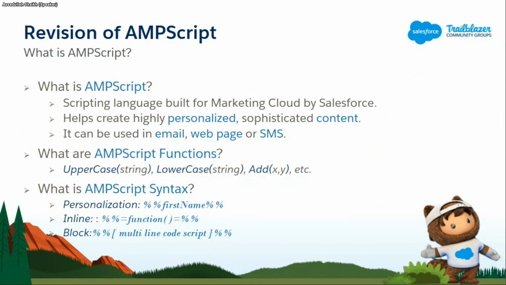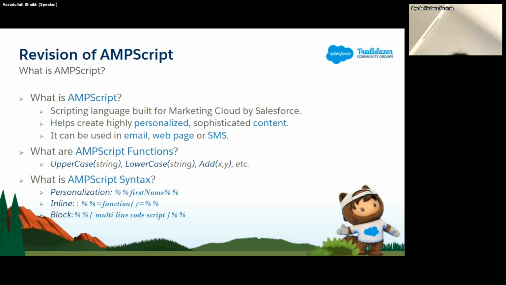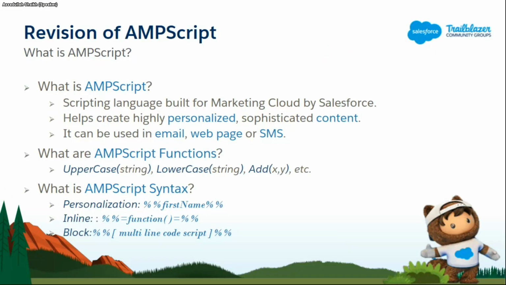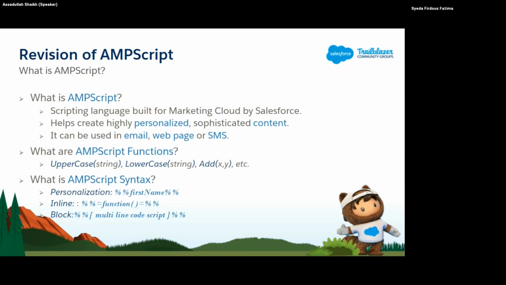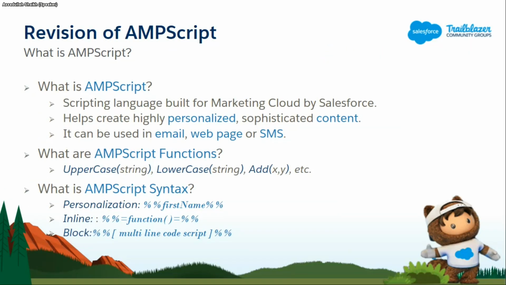You can use the personalization strings in AMPscript to reference the value inside that data extension for the particular subscriber. For example, I can use %%first name%%, and it will reference the value of the first name from the data extension for the particular subscriber. That we will see in a demo very soon.